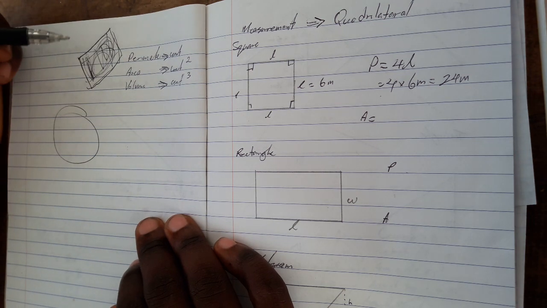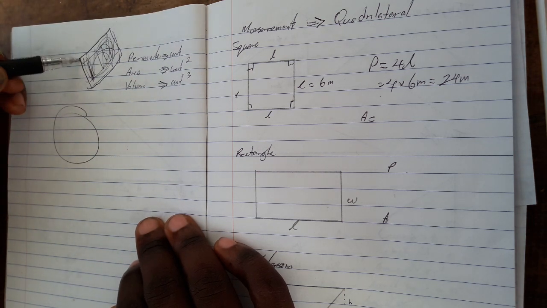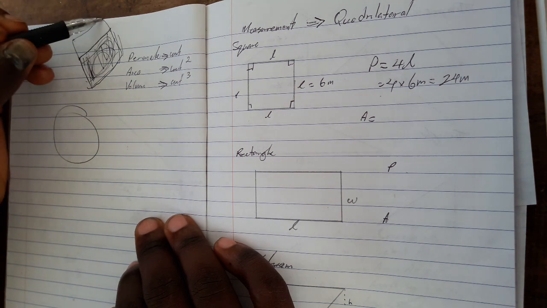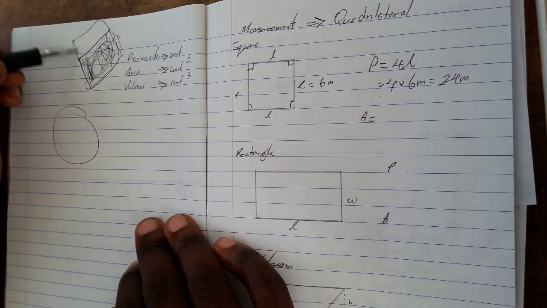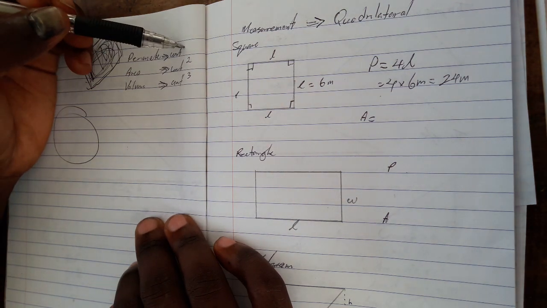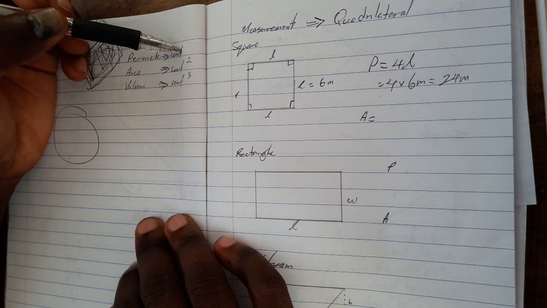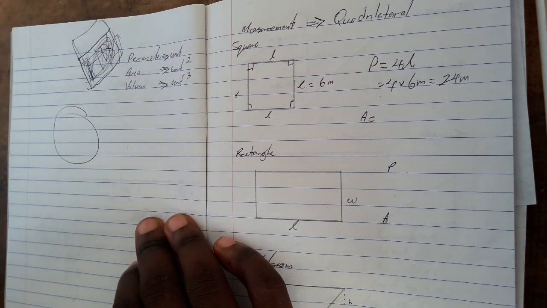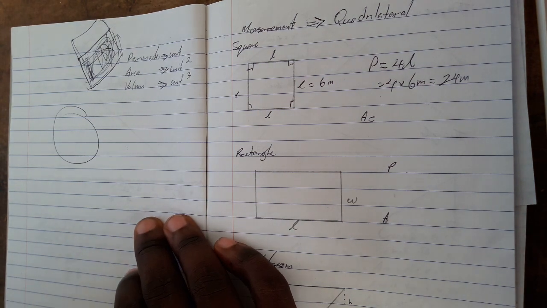And volume is the third dimension. That will be the capacity of a solid to hold liquid or whatever. Perimeter is in units. Area is always in unit square, and volume is in unit cube, 3D solid shapes.